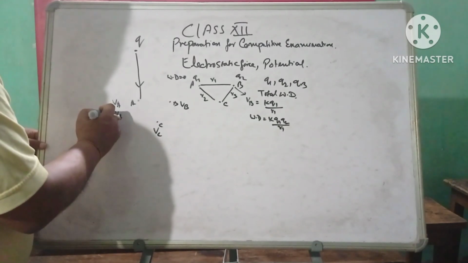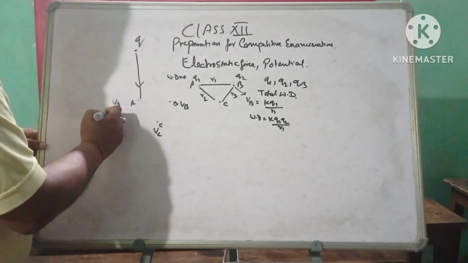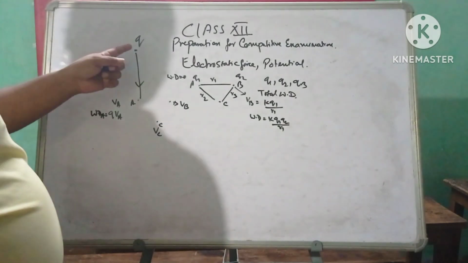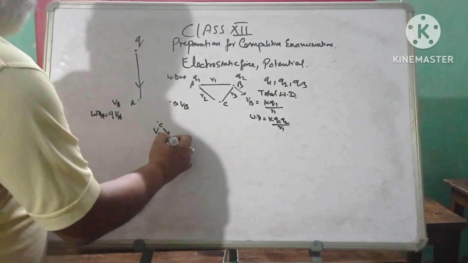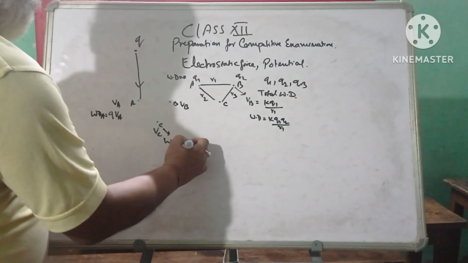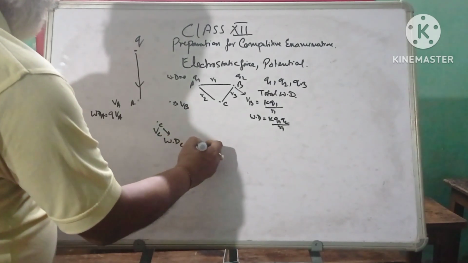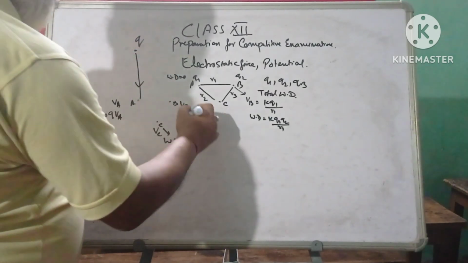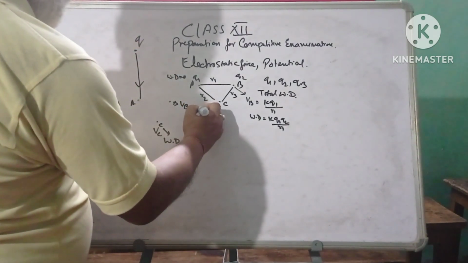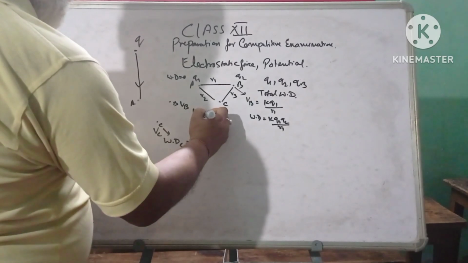This is the work done at A. Similarly, when I bring the charge Q to C, the work done will be QVC. Again, when I bring this charge Q to point B, your work done will be QVB.